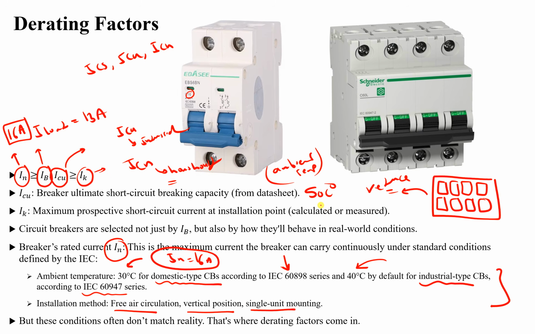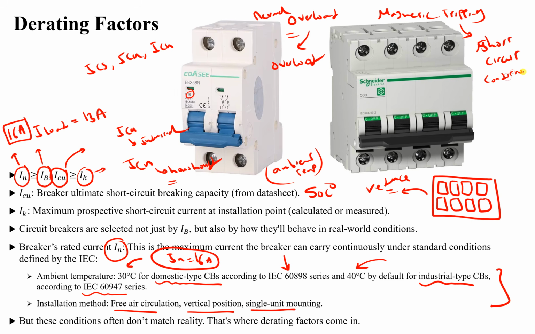Now, why do we even do this? Because at higher temperature, let's think how the circuit breaker works. It has two parts: a thermal overload trip unit, and a magnetic trip unit. The thermal one is used for overload conditions, and the magnetic one is used for magnetic tripping or short circuit conditions.